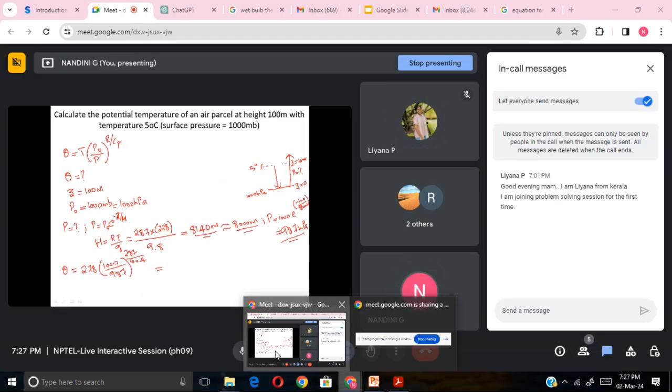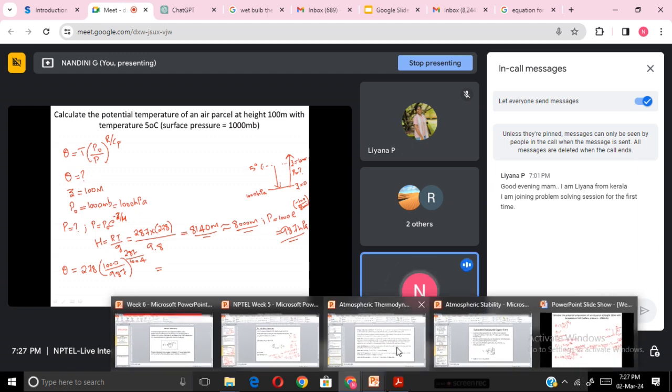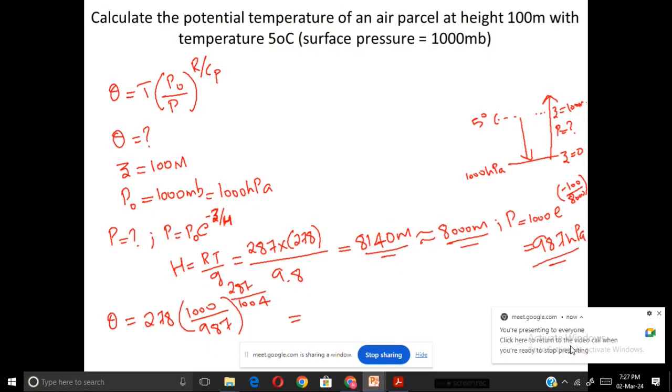Yeah, it is coming around 278, 279. 279 Kelvin. The answer was 279 Kelvin. So initially the temperature was 5 degrees Celsius or 278 Kelvin.